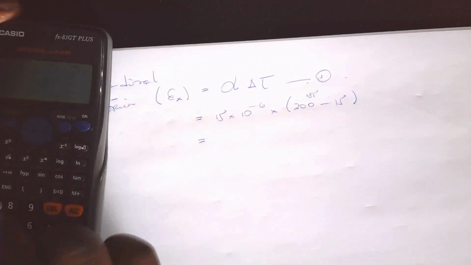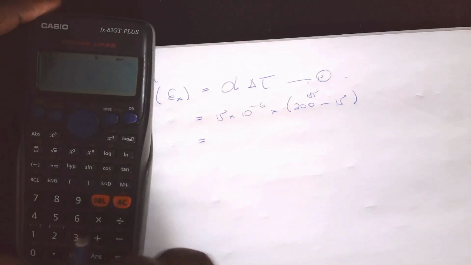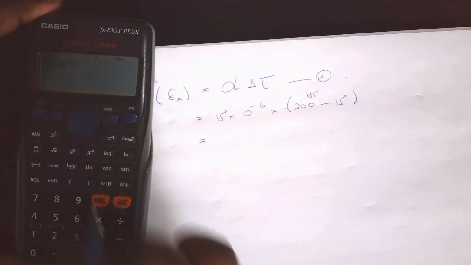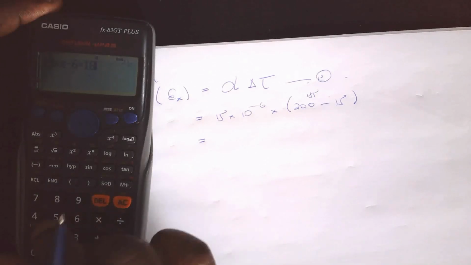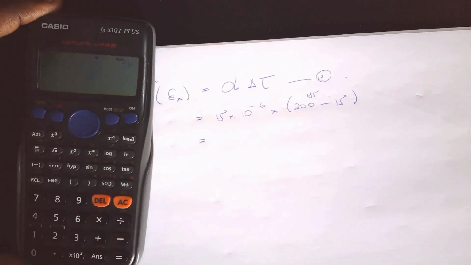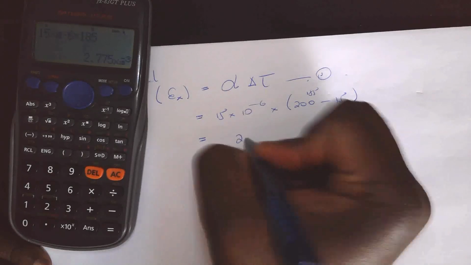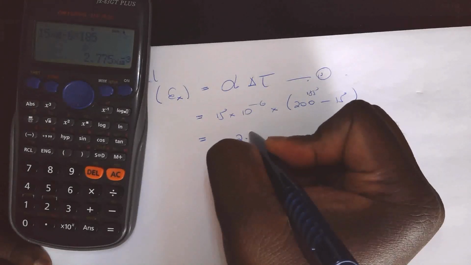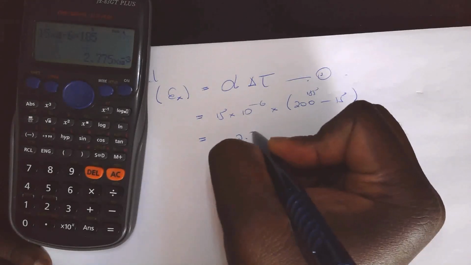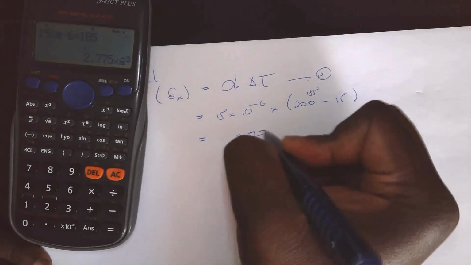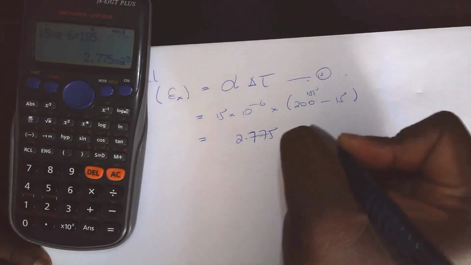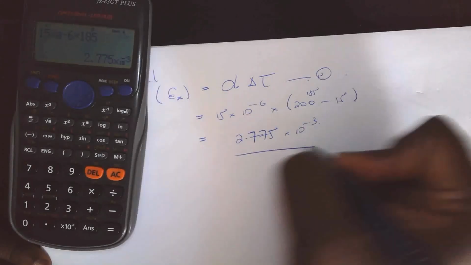So 15 times 10 to the power minus 6 times 185. The longitudinal strain is equal to 2.775 times 10 to the power minus 3.